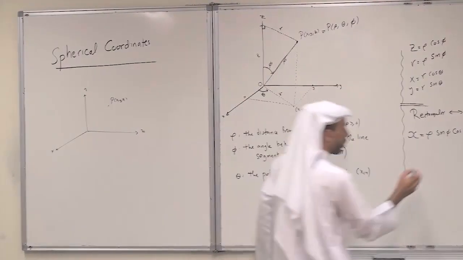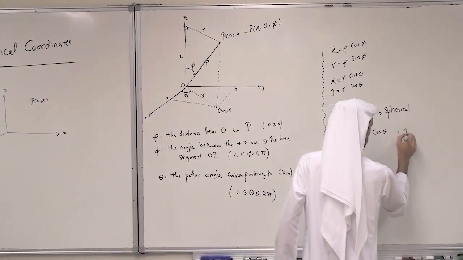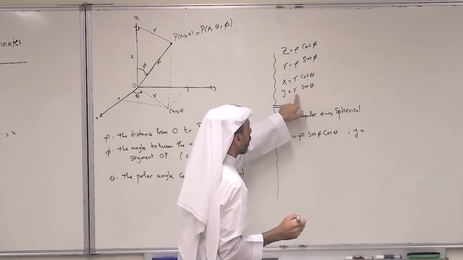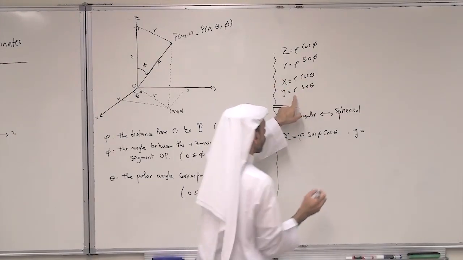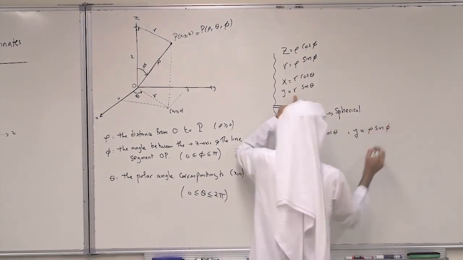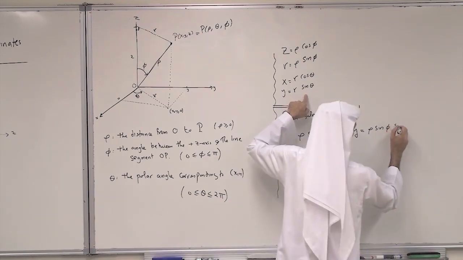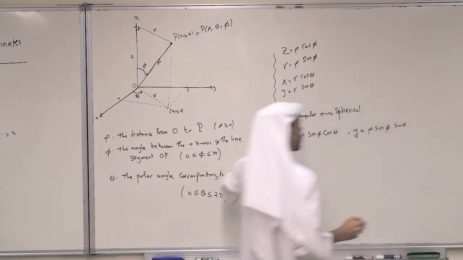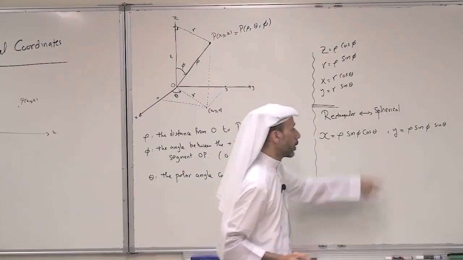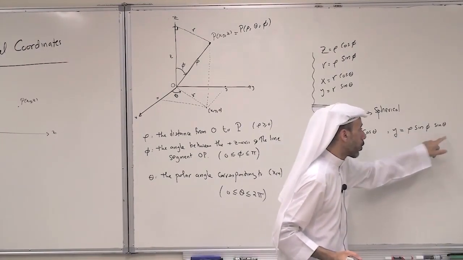What about y? y equals r sine theta, but r is rho sine phi. So y equals rho sine phi sine theta. So this is x in terms of the spherical coordinates, y in terms of the spherical coordinates.